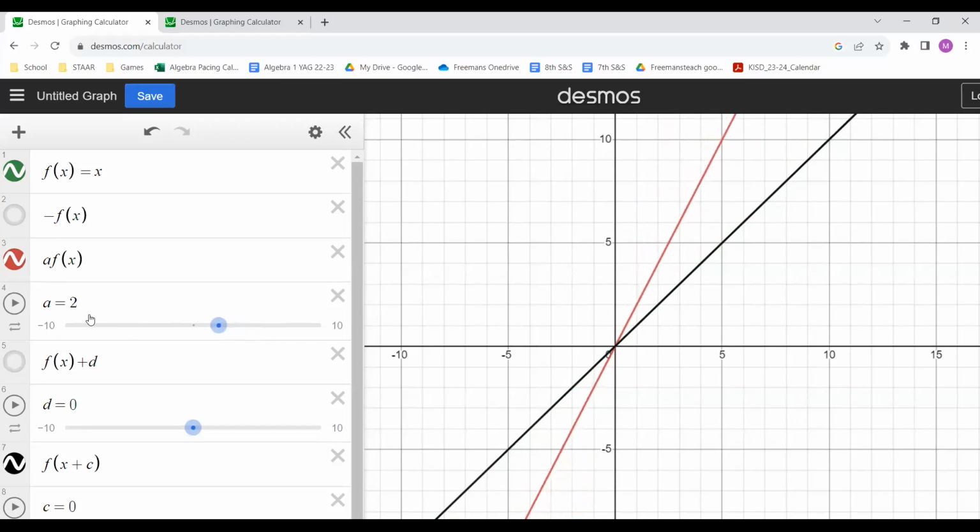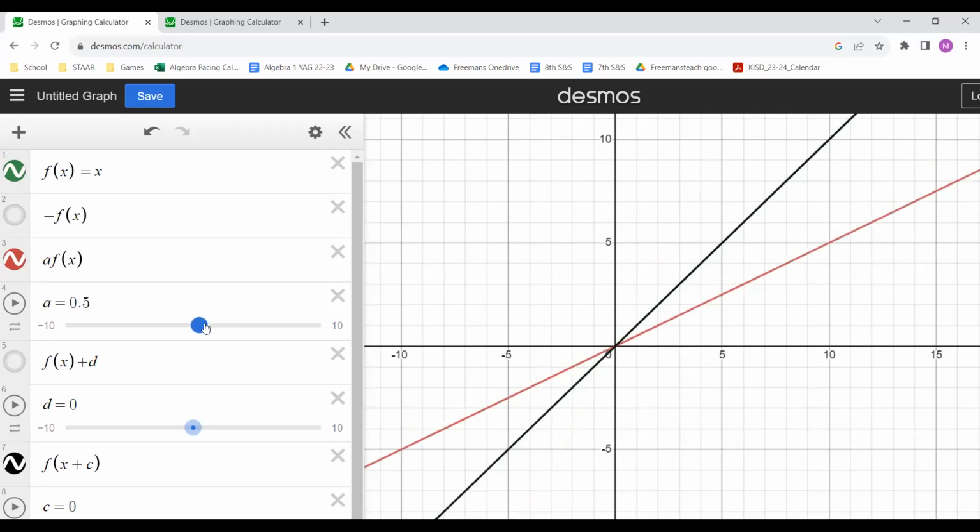Because really this a is my new slope. Instead of my slope being 1, now my slope is 2. So I go up 2 over 1, up 2 over 1, up 2 over 1. So if I make my number more than 1, it gets more steep. So I'm sure you can predict what happens when I make it less than 1. It gets less steep, it gets flatter.